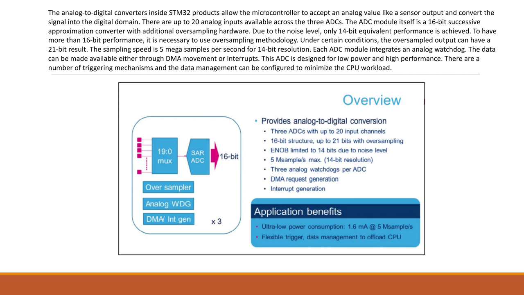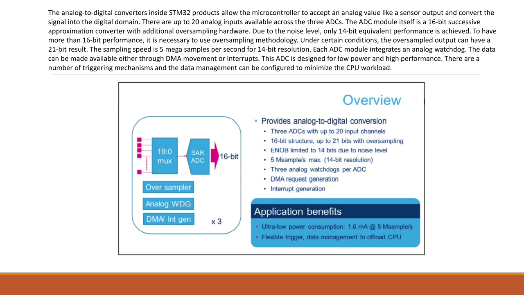The ADC module itself is a 16-bit successive approximation converter with additional oversampling hardware. Due to the noise level, only 14-bit equivalent performance is achieved. To have more than 16-bit performance, it is necessary to use oversampling methodology. Under certain conditions, the oversampled output can have 21-bit results.